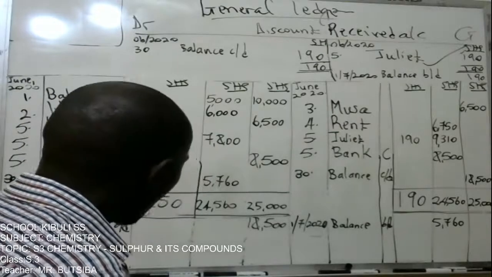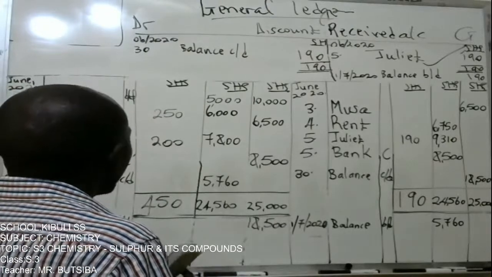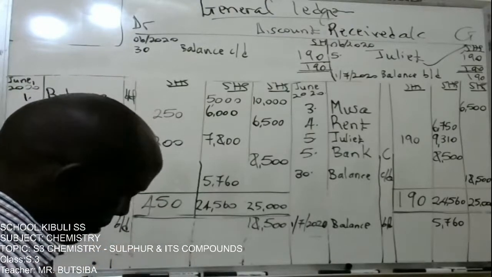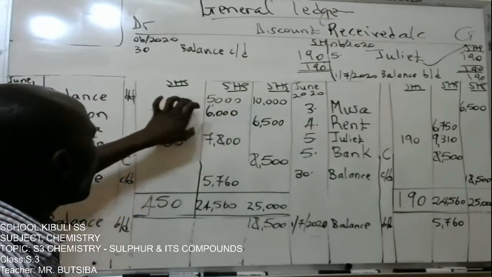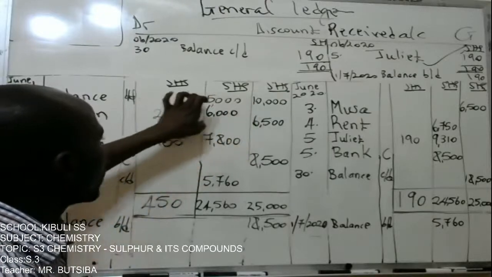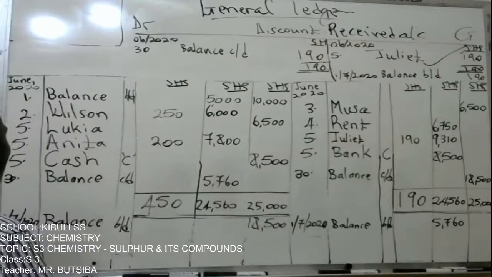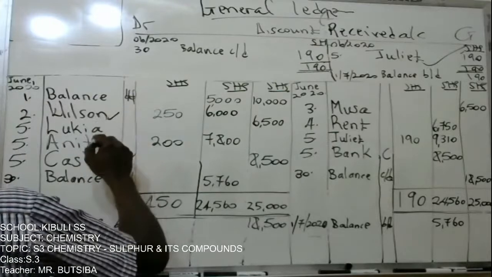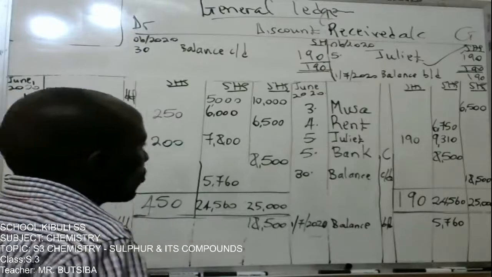Okay. Then there is one more aspect to do with the 3 column: how do you record these discounts when you're opening up the relevant ledgers. For example, in the relevant ledgers, you are going to have Wilson's account, Lukia's account, Anita's account. Cash you don't open.